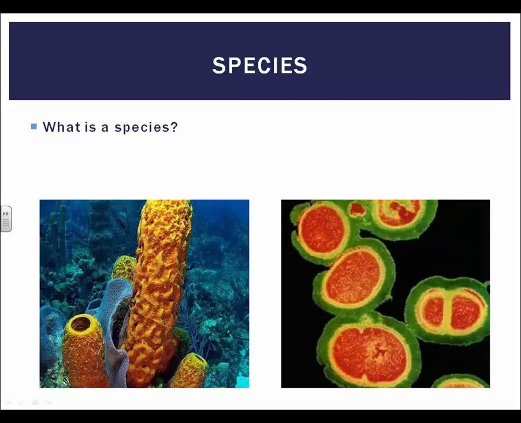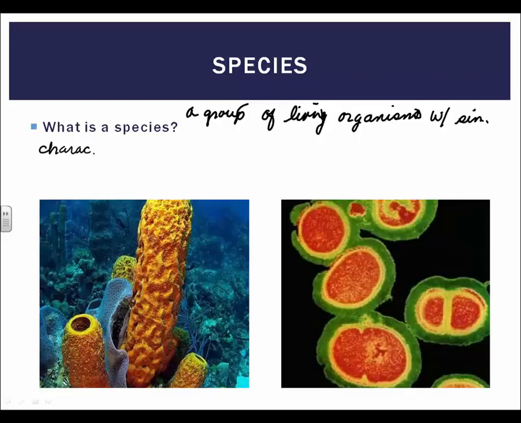A species is a group of living organisms with similar characteristics, morphology. Morphology means appearance, and ecological niche.